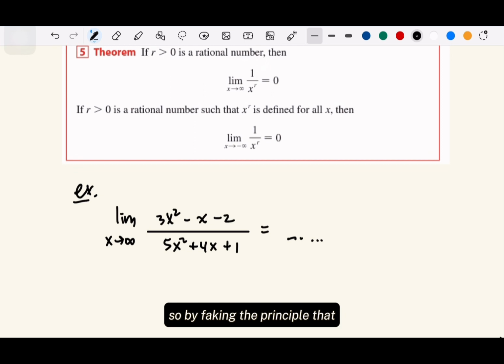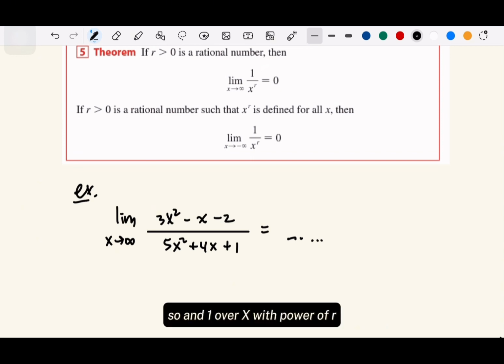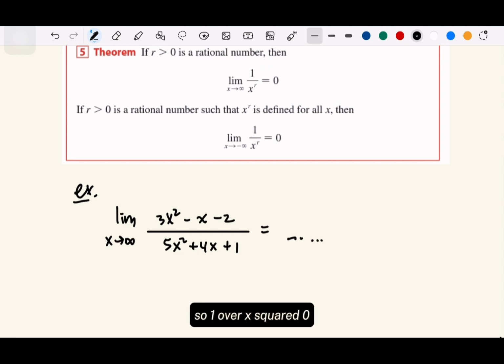By taking the principle that 1 over x in the limit is 0, and 1 over x to the power of r, where r is a positive rational number, so 1 over x squared is 0, right? 1 over x cubed is also 0.